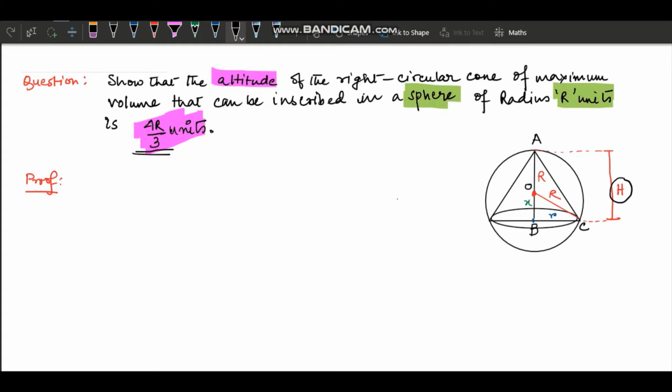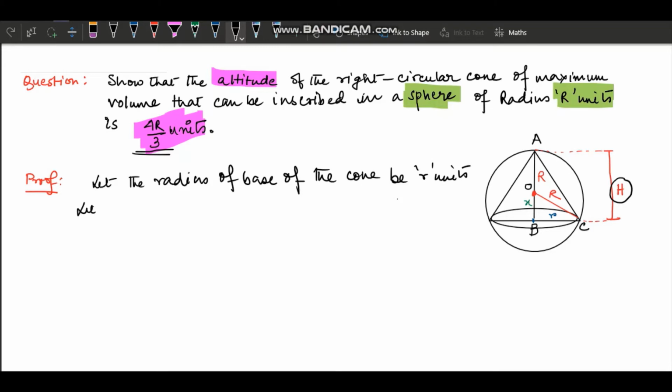So for that we refer to this figure and we assume that the radius of the base of the inscribed cone be small r units. It is not given to us, so we can assume anything. And also let its height or altitude be h units.